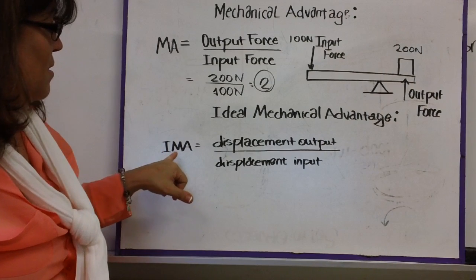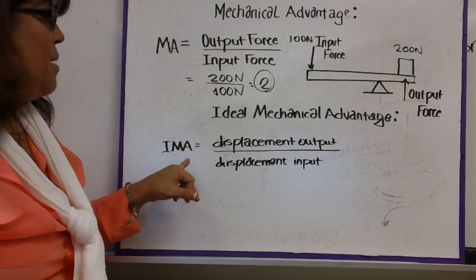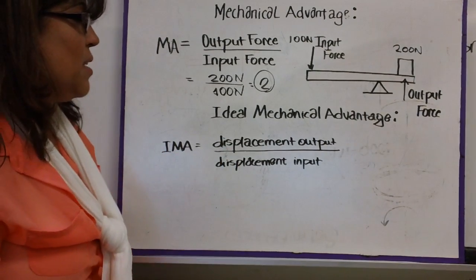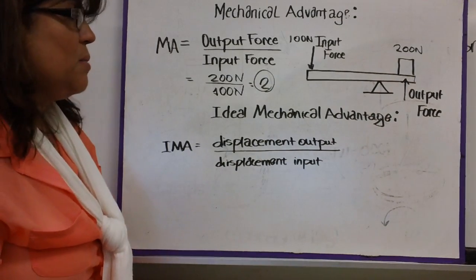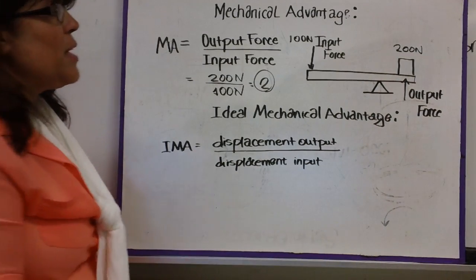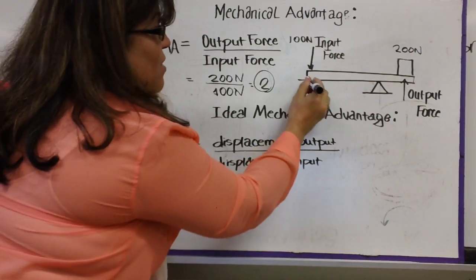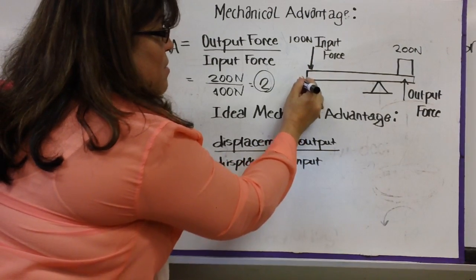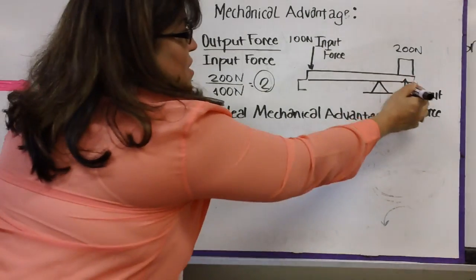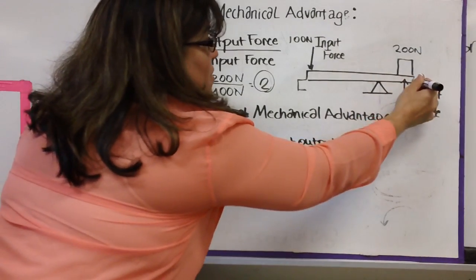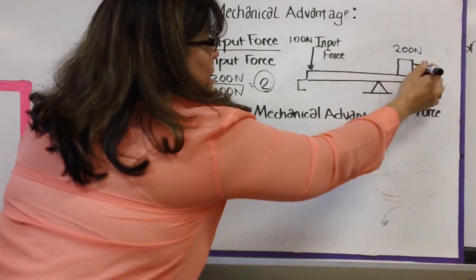And the ideal mechanical advantage, the IMA, is the displacement of the output over the displacement of the input. So the displacement of the input force is going to be, when I push this down, it's going to go down by this much distance. And if this was over here and I push it down, this is going to go up by this distance.